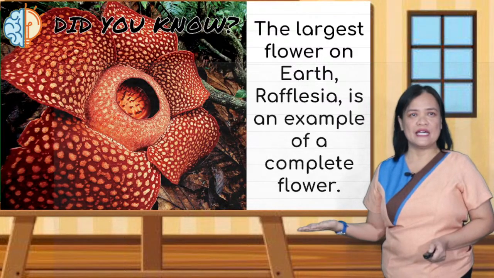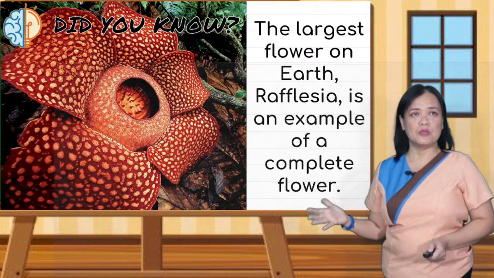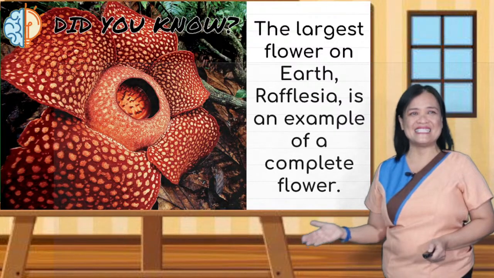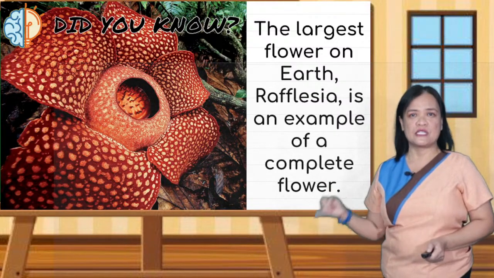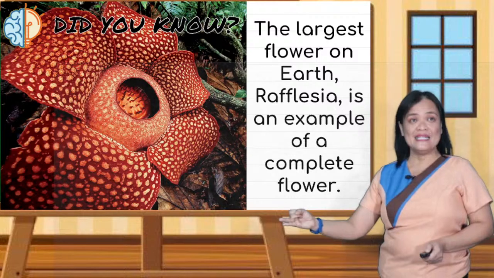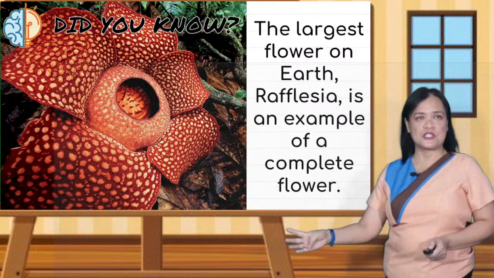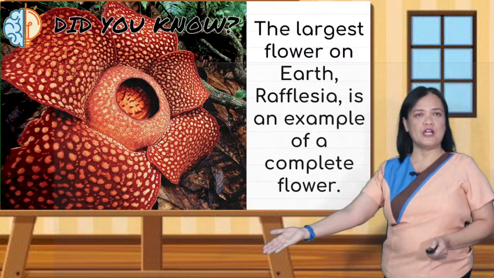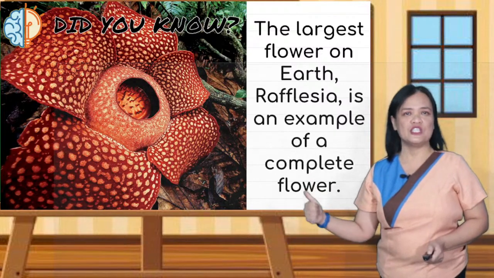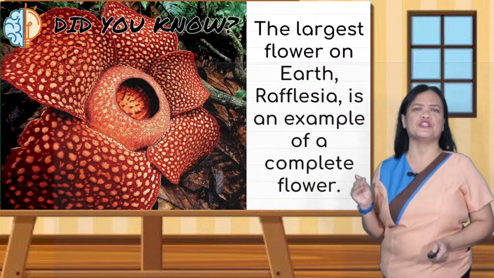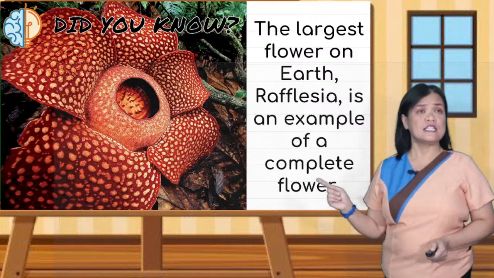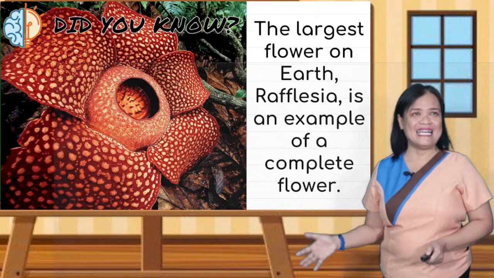Like I've said earlier, a complete flower has a complete set of structures. There's a sepal, petal, stamen, and pistil. So the largest flower, remember that, kids, the largest flower on earth is Rafflesia. It is found in Thailand. Okay?